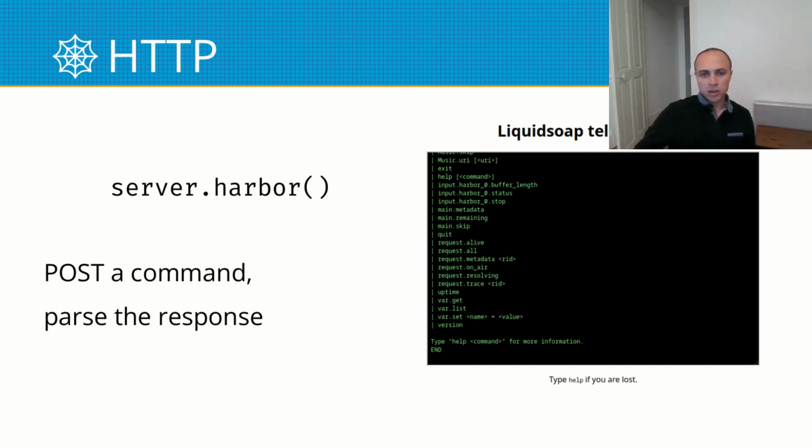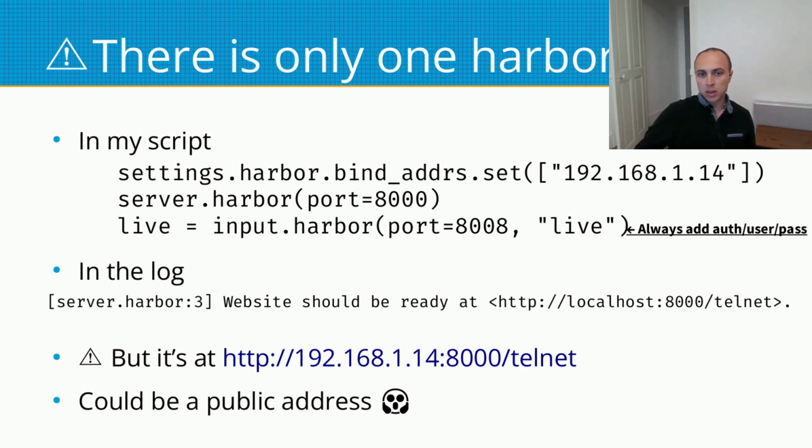I wanted to note about the server.harbor that it has a downside because it uses the same configuration as the harbor input. So in this example, I'm binding the harbor on a custom IP address, and I'm using both the server harbor and the harbor input, and the log lies a little bit because it's not listening on that address.